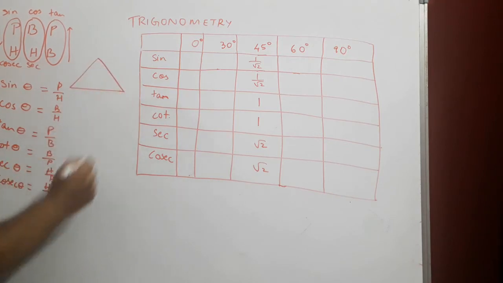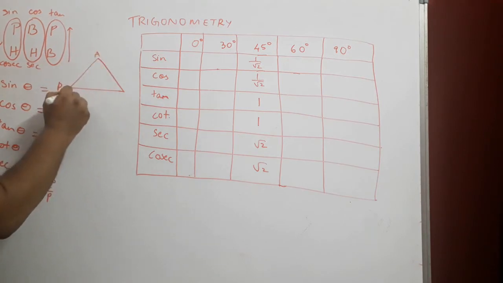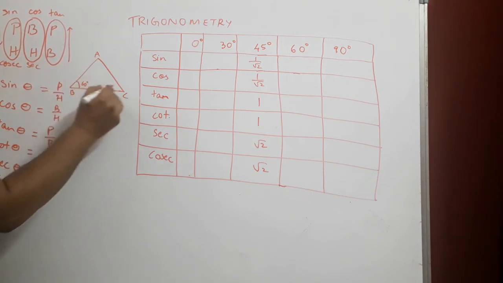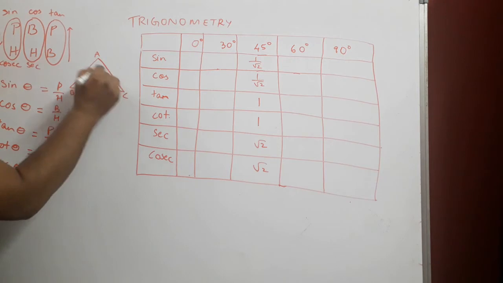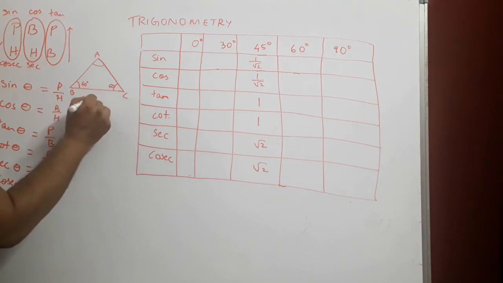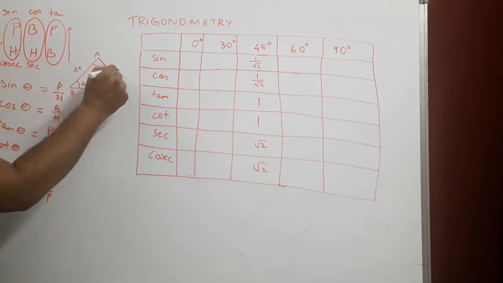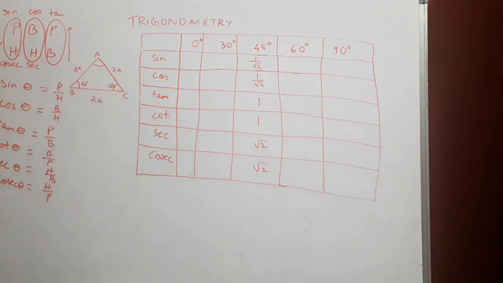In an equilateral triangle, all three sides are equal and all three angles are also equal, which means this has got to be 60 degrees, this will be 60 degrees and this has also got to be 60 degrees, right? And we'll take the length of BC as 2a. If we take BC as 2a, that means all the sides of the triangle also have to be 2a each.